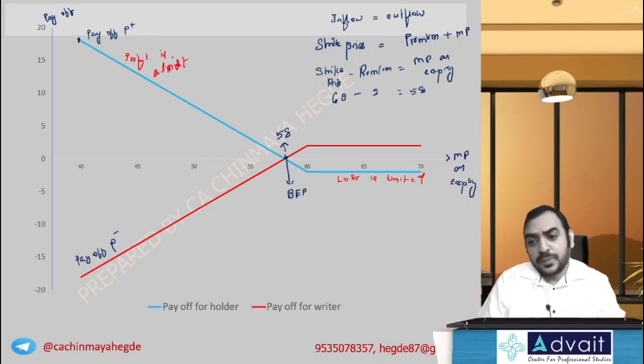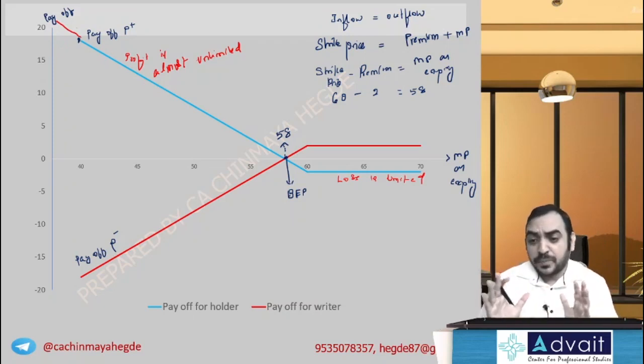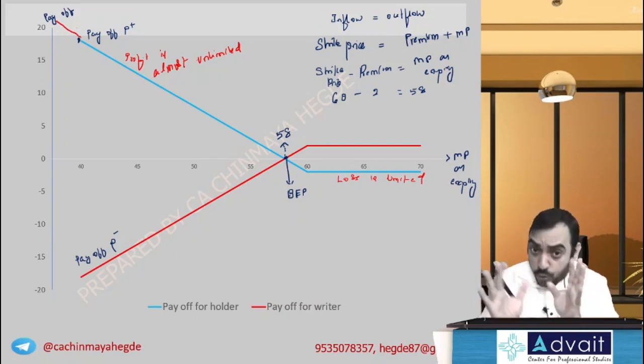For all practical purposes, we say unlimited only. Why almost unlimited? Because you see this line keeps coming down. There is a stopping point, 0. Market price cannot go below 0. Correct? So we stop at that point. So for maximum profit, there is a limitation. You will not have below 0. So for all practical purposes, it's almost unlimited.